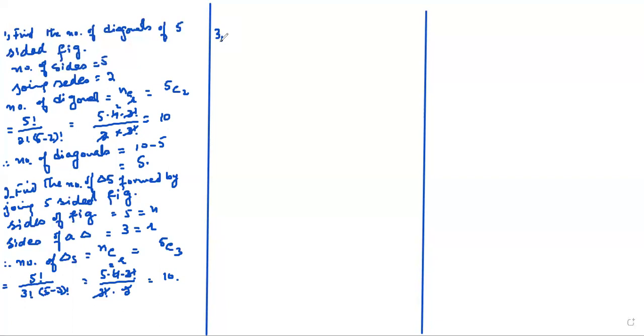Find the values of n and r, if nCr equals 35 and nPr equals 210.